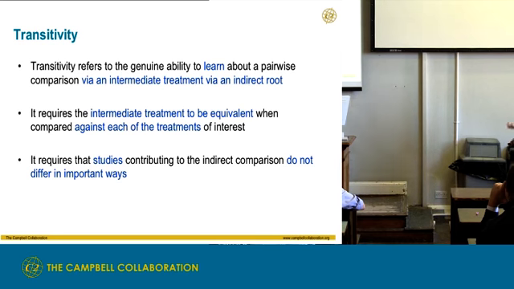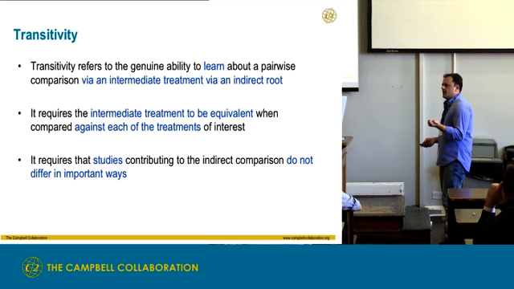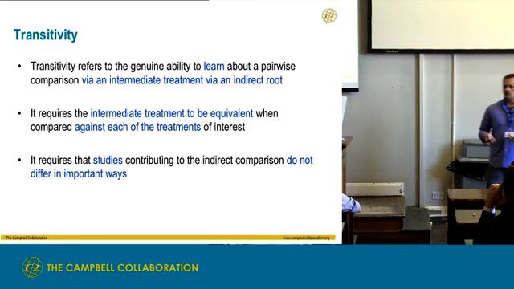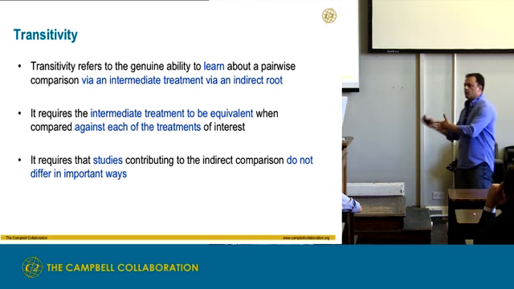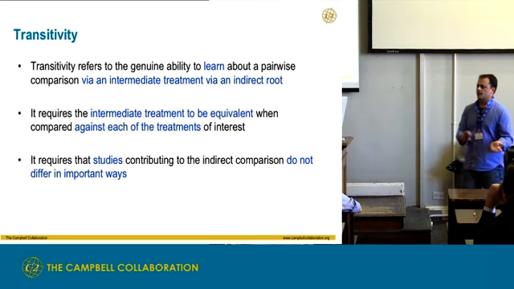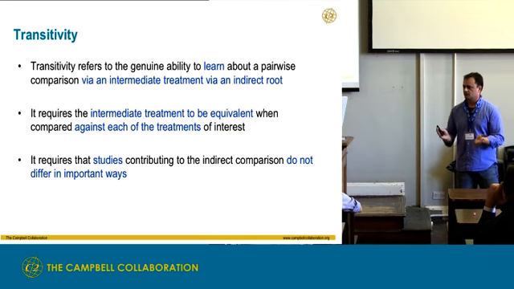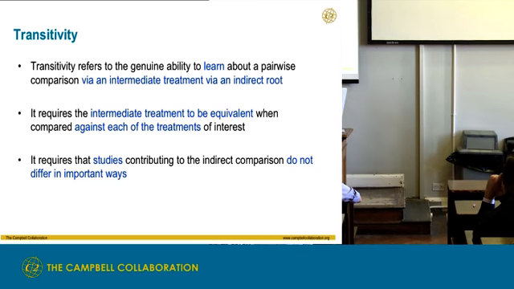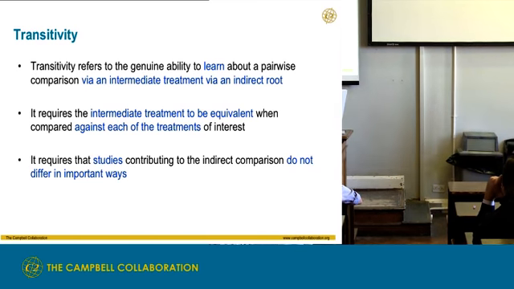For example, in AB studies, A could be a pill. In AC studies, it could be an injection. So are they equivalent? I don't know, maybe a placebo pill is better than a placebo injection or vice versa. So the intermediate treatment should be equivalent in AB and AC studies.